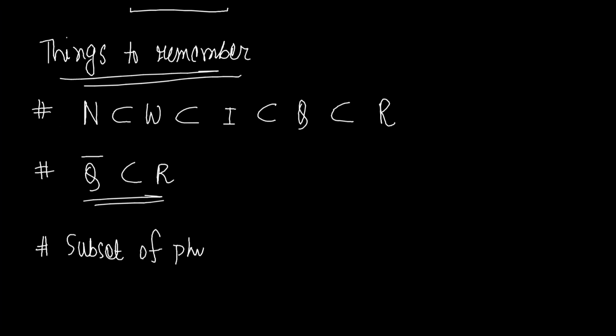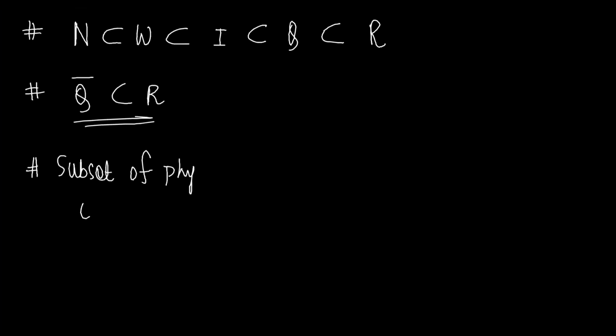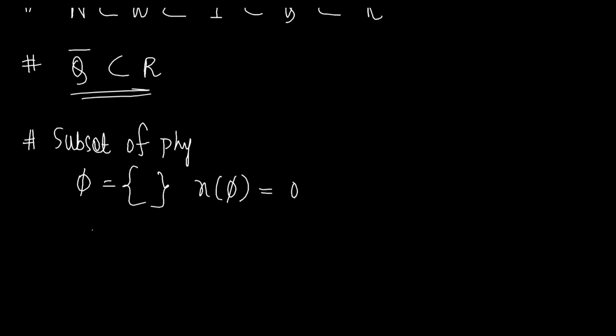Another important thing: the subsets of phi. The number of subsets of phi will be one. Now see, the number of elements in phi, that is the cardinal number of phi, is 0. So the number of subsets, using the formula we just wrote, is 2 to the power of the cardinal number of the set, 2 to the power of cardinal number of phi.